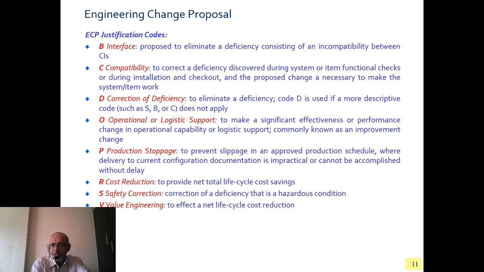It can cause hazard, right? Physical damage, yes. At least on a psychological level. Value engineering, that is about cost reduction. So these are the codes. Again to repeat, BCDO, PRSV.